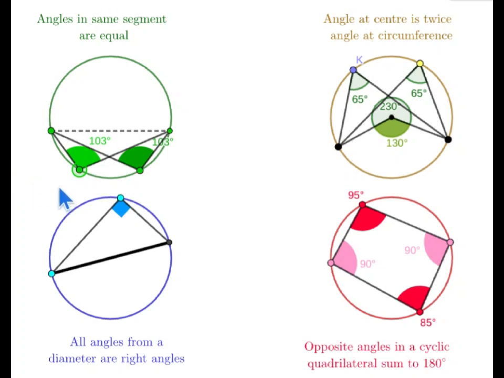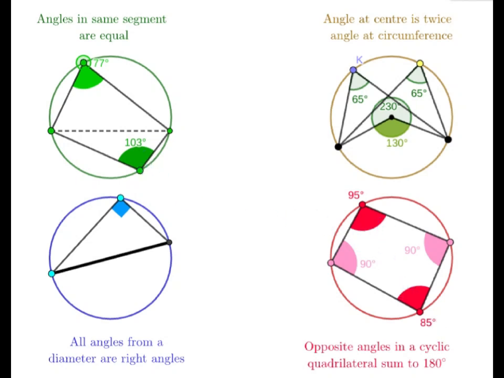The third one comes from this diagram as well, and I'm just going to move one of the points up into the major segment, and you'll notice that the two opposite angles here add up to 180. Well, that's because they're half of the angles at the centre, and the angles at the centre add up to 360, so these must add up to 180.